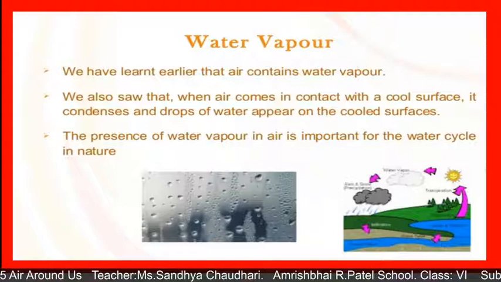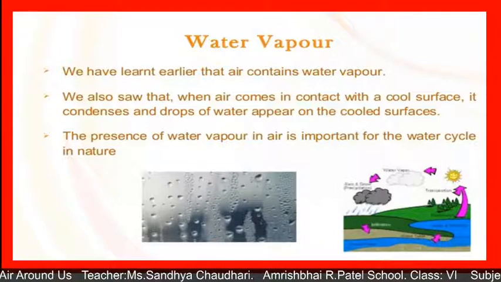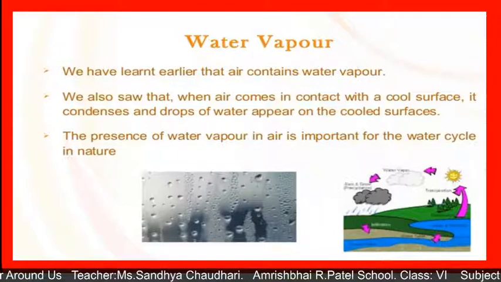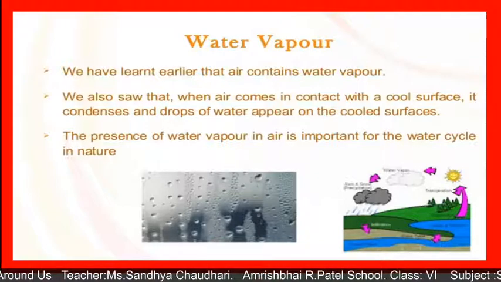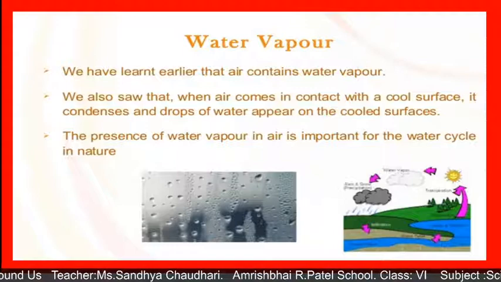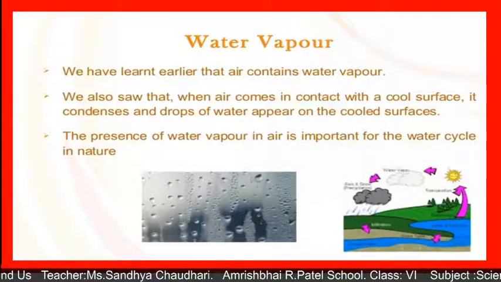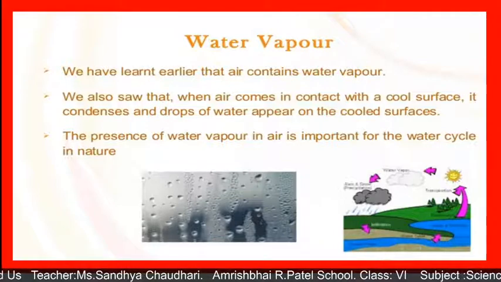We also saw that when air comes in contact with a cool surface, it condenses and drops of water appear on the cool surface. We have seen this in chapter number 14, the water lesson. And the presence of water vapor in air is important for the water cycle in nature. So water vapor also plays a very important role in our life.